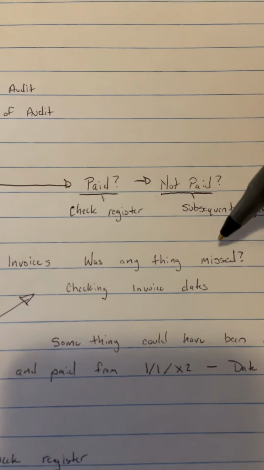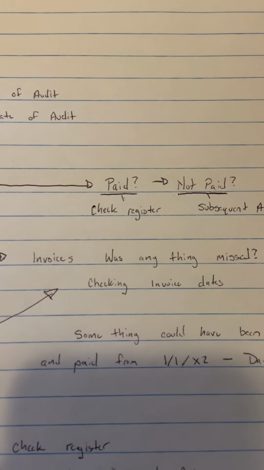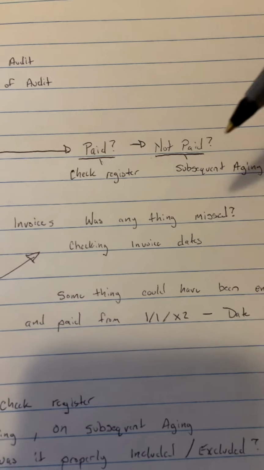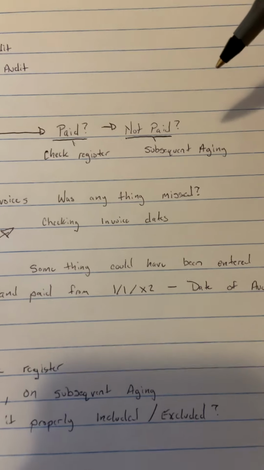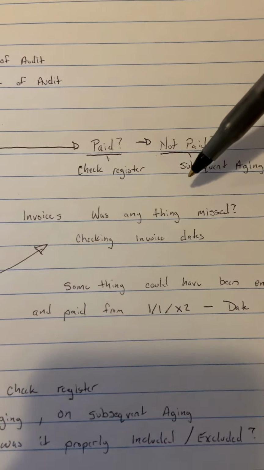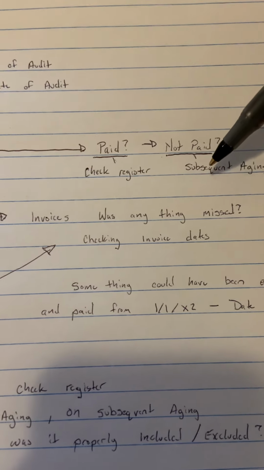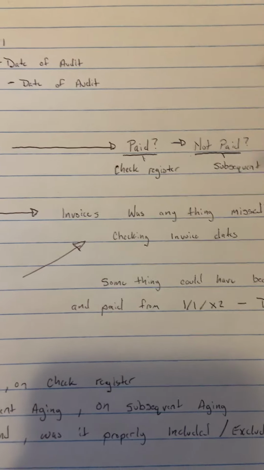If they are, we got to reclass it back to AP. We got to put it back in AP because they have a liability. We're trying to uncover liabilities. So if they had an invoice dated 12/31 of this year and it didn't get put in until the subsequent year, you got to backdate it.